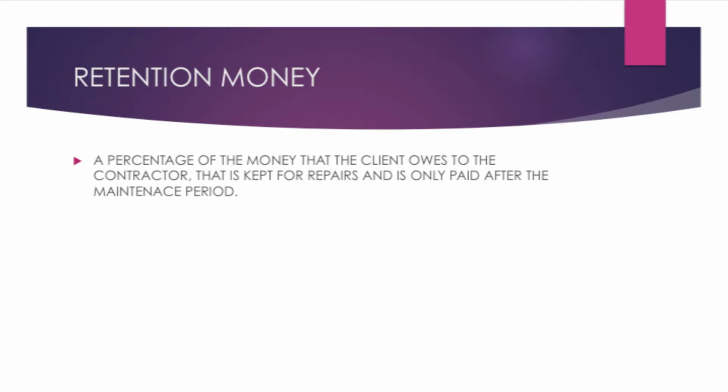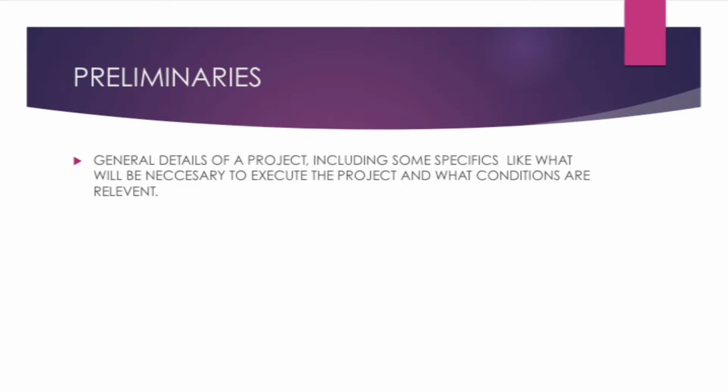Moving to the next slide, we have the preliminaries. The preliminaries are the general details of a project, including some specifics like what will be necessary to execute the project and what conditions are relevant.